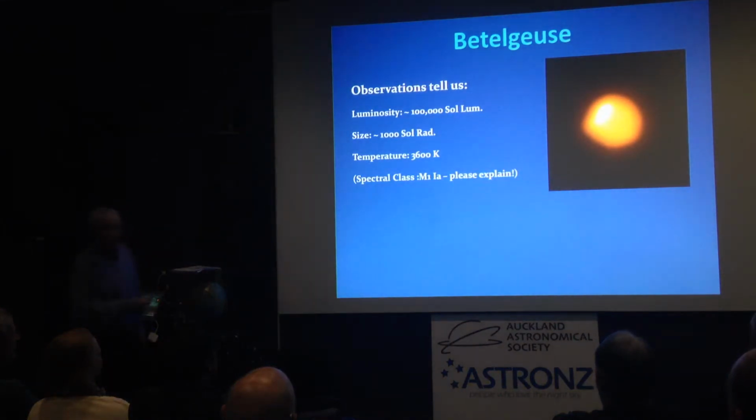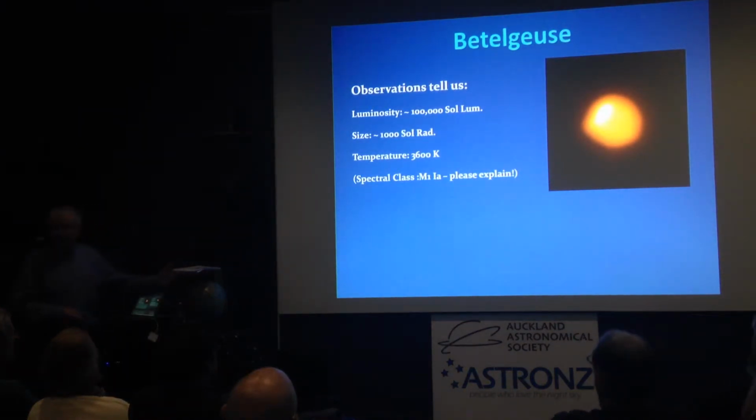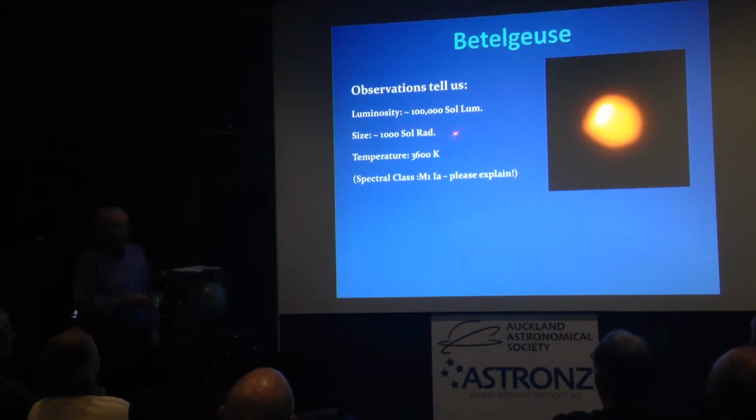Now, observations: two months ago, we went on the talk measuring up the stars. We talked about how to do this, and I'll be reviewing it again very shortly. But the luminosity of Betelgeuse is about 100,000 solar luminosities. A solar luminosity being the luminosity or the brightness of our sun, one sun.